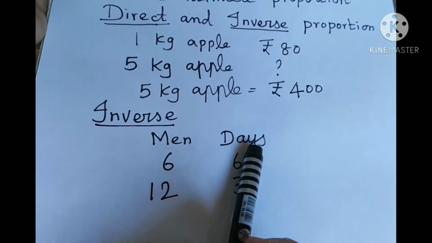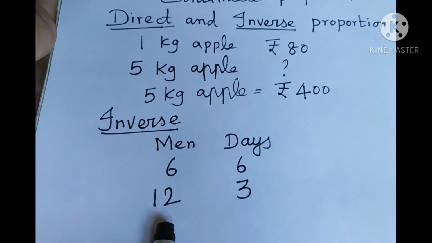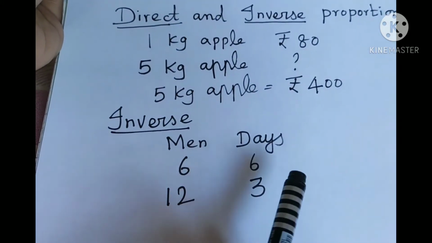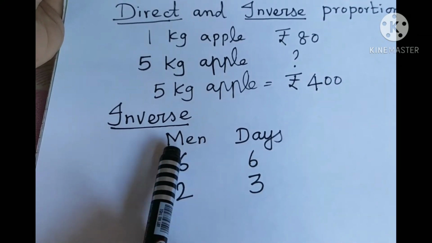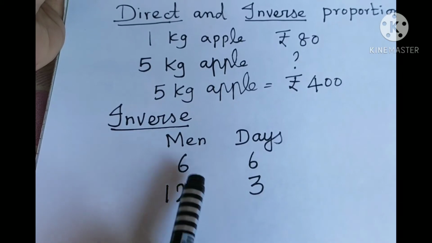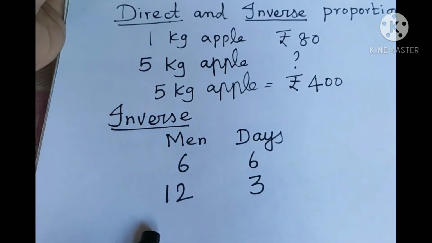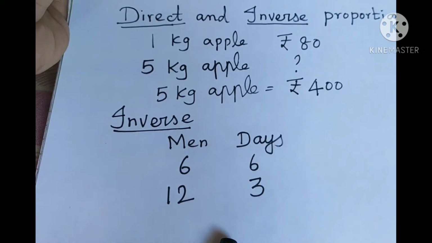Men, days: 6 men take 6 days and 12 men take only 3 days to build a 2 kilometer long road. Here men increase, days decrease. So when one quantity increases, the other decreases. This is said to be an inverse proportion.